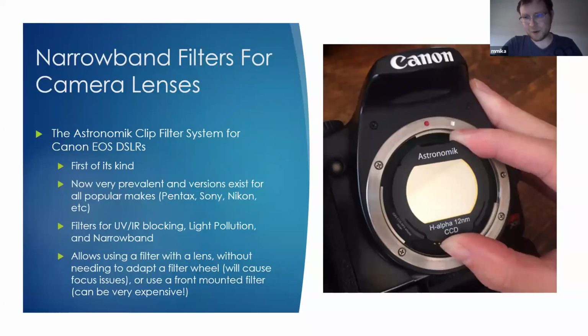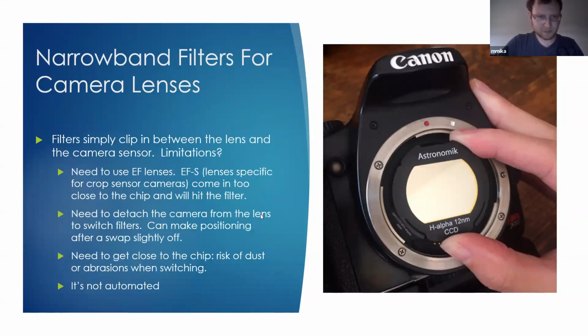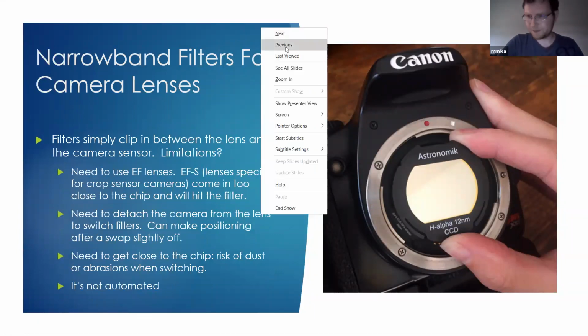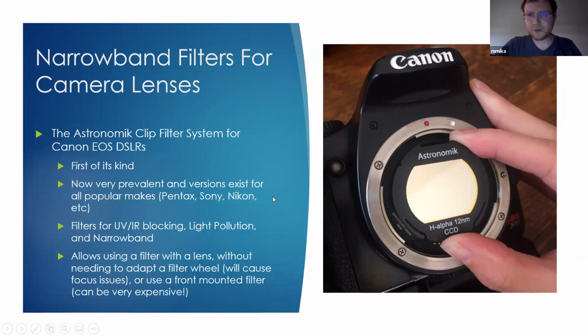So how do we use a narrowband filter with a DSLR camera? I use what's called the clip filter system from Astronomik. It's pretty great. Most of the guys who have high-end telescopes with cooled CCD cameras have big filter wheels on the front.